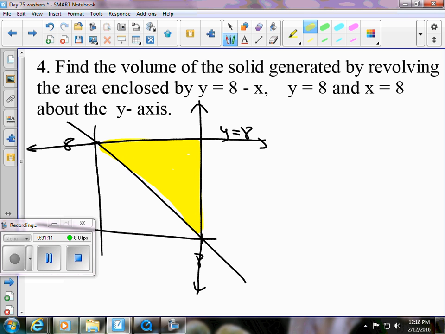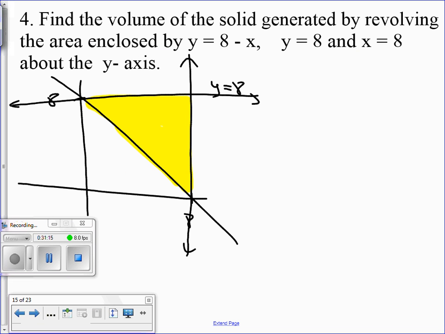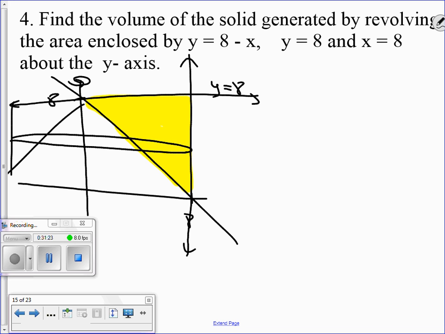Okay, so we're taking this about the y-axis. So then the other side, oh, I didn't leave myself enough room. Oh well, it'll be a little mini on the other side. So the slices, yep. Oh well. Okay, so you can see the washer.